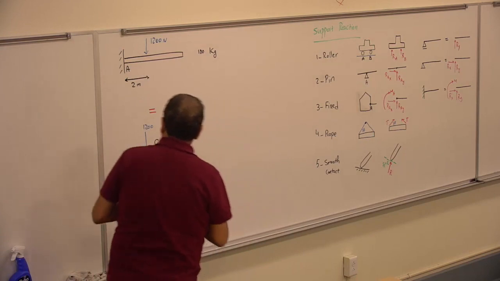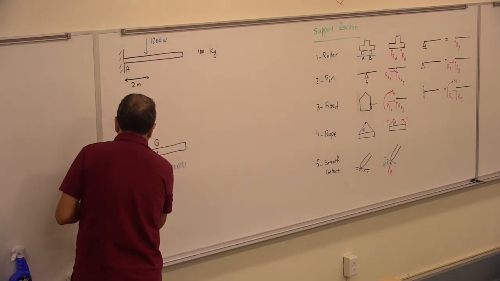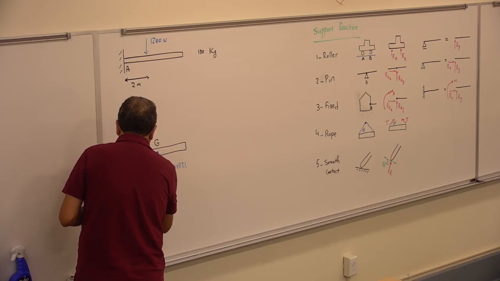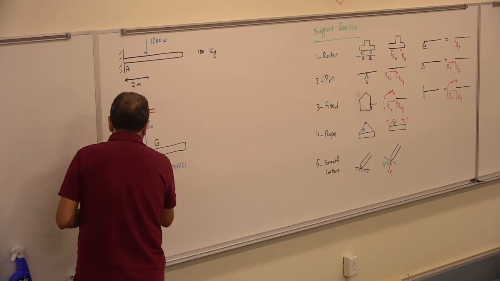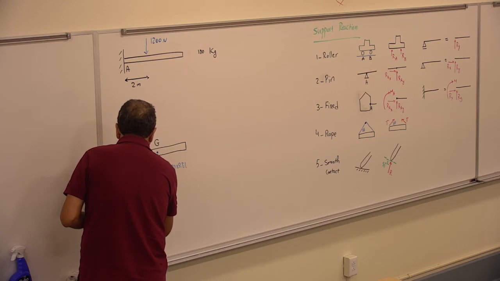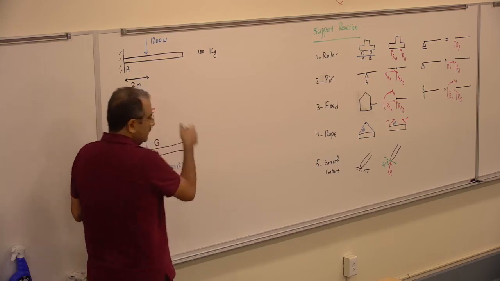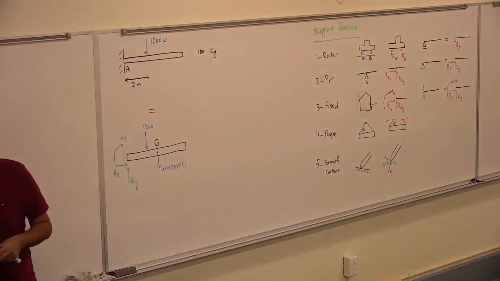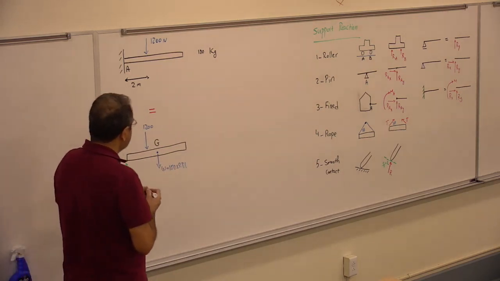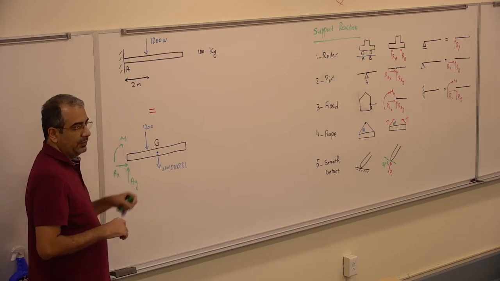I have Ax, to make sure it's not going left or right. I have Ay, to make sure it's not going up and down. And I have M to make sure it's not spinning at that point.